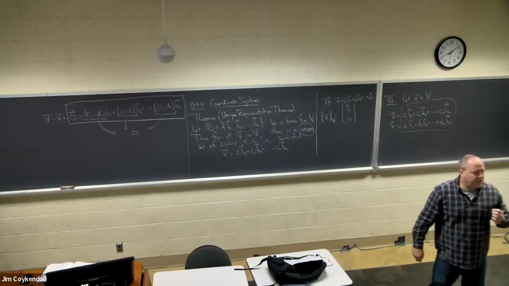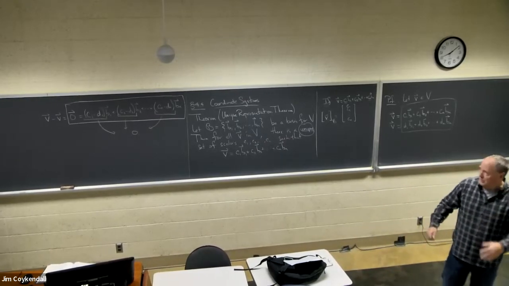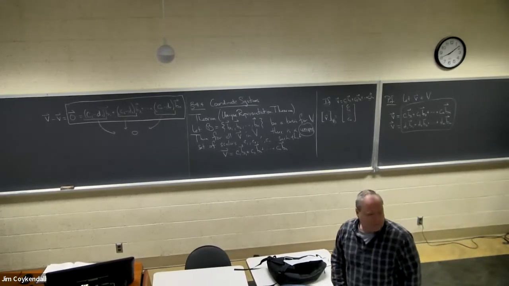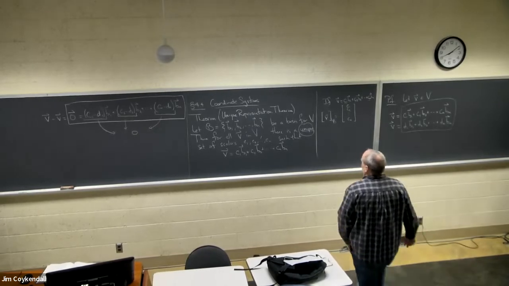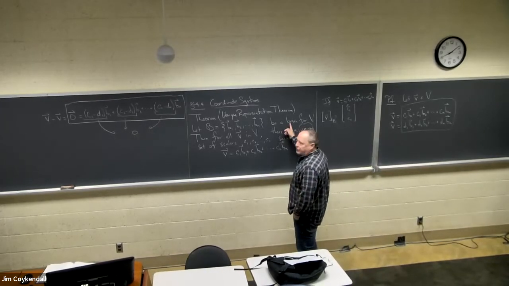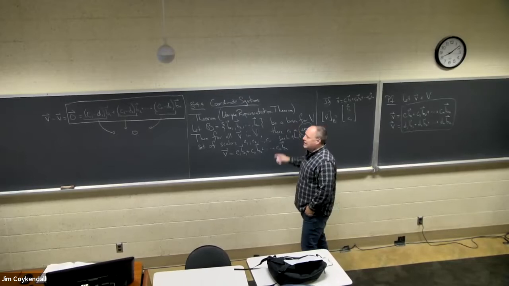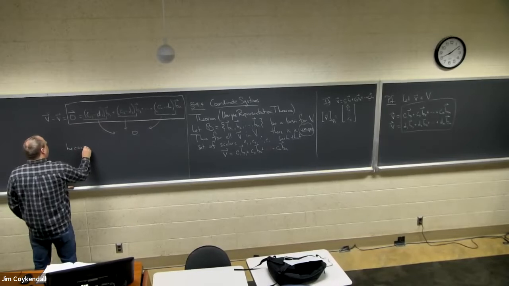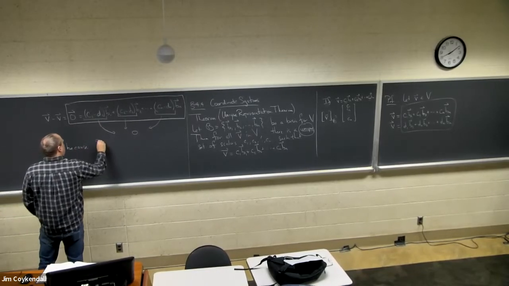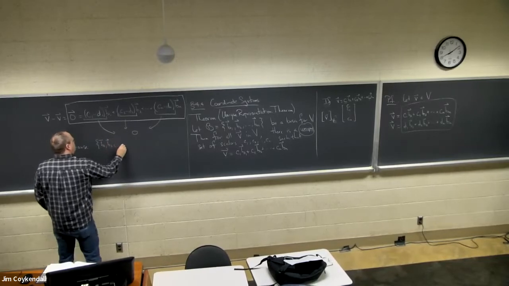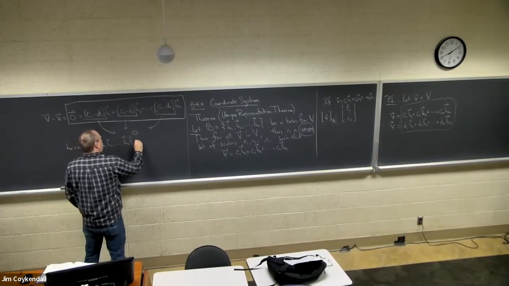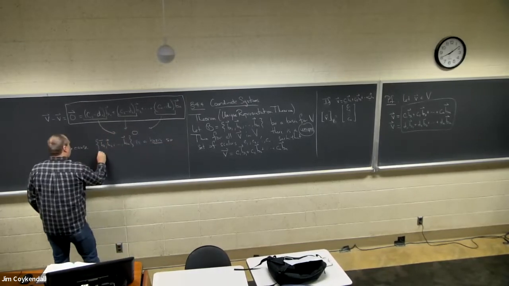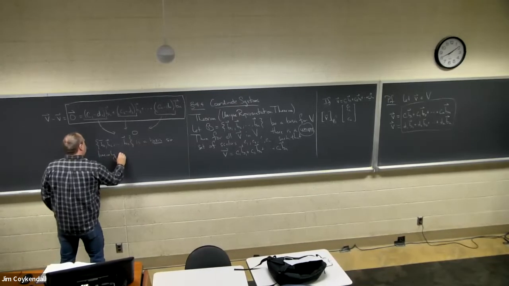What factoid am I using to guarantee they're zero? The fact that the basis is linearly independent. That is correct. That's the one thing that we haven't used yet. A basis is a linearly independent set. This is true because b1, b2, up to bn is a basis, so linearly independent.